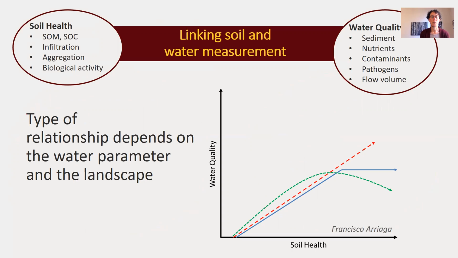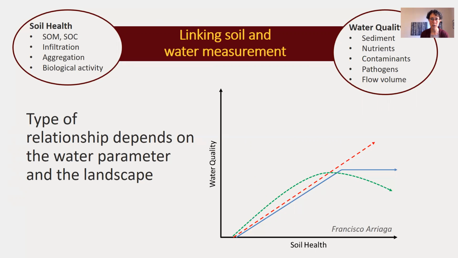Now, once we've made these measurements of soil health and water quality, how do we characterize that relationship between those measures? And we'd like to think that water quality improves as soil health improves, as shown by the red line on this conceptual graph. But the shape of the relationship between soil health and water quality depends on which measurements you're comparing. For example, the blue line might represent the relationship between infiltration and phosphorus loads in water.